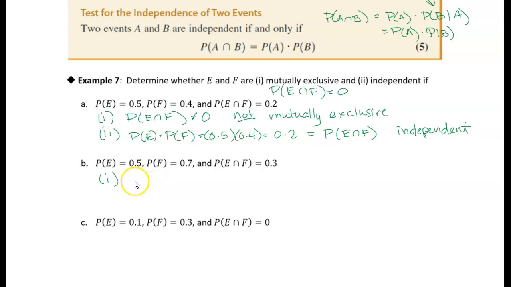And if there's any probability that they can happen at the same time, then they are not mutually exclusive. So in this case, the probability of E intersection F we're given is 0.3, which is not equal to 0. So they can happen at the same time, which means that these two events are not mutually exclusive.